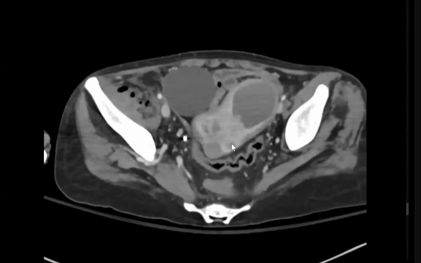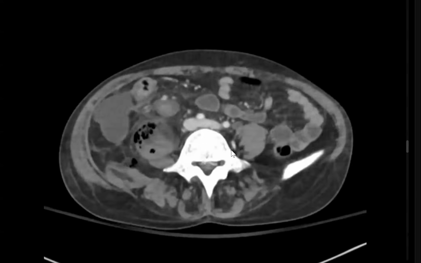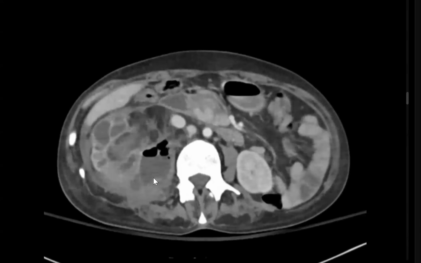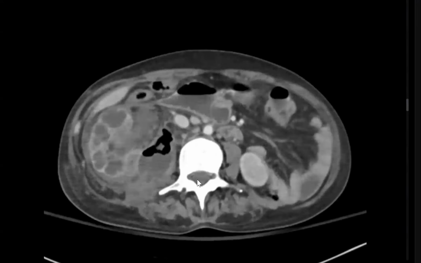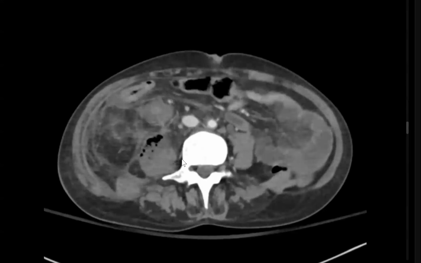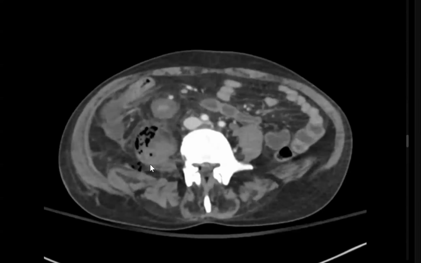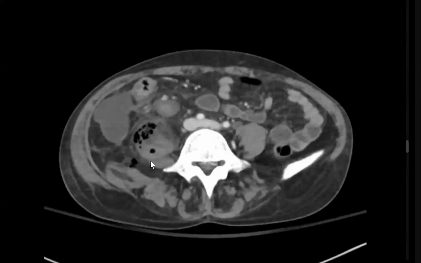The striking abnormality is the presence of air foci at the site of the right kidney. What about the appearance of the right kidney? You see some air foci, there's some atrophy and surrounding fat stranding could be identified.